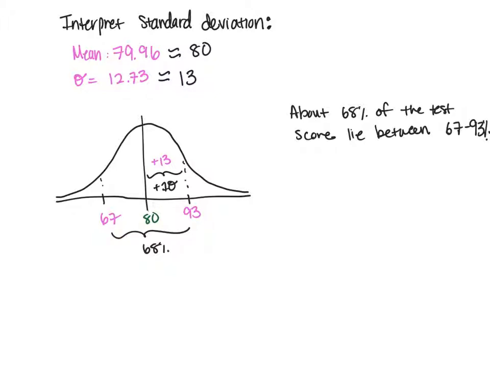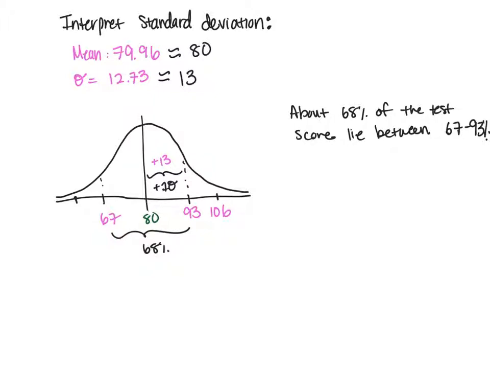Okay, so if I want to find 2 standard deviations, I would just go out another one. And so if I add 13 to 93, 13 plus 93 gives you 106. Whereas if I subtract 13 from this side here, let me just grab a calculator just in case.